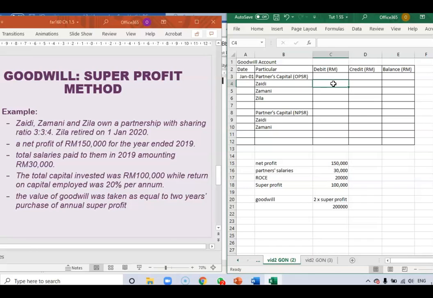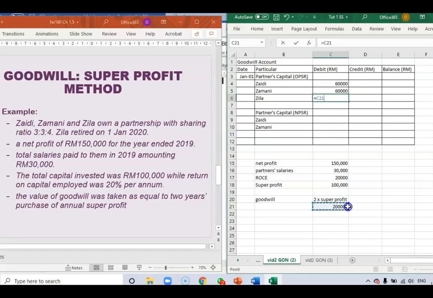Okay, so using the old profit sharing ratio, so Zaidi, Zamani, and Zila using 3:3:4, meaning that Zaidi would have 30% of the goodwill. And Zamani is again with 30%.